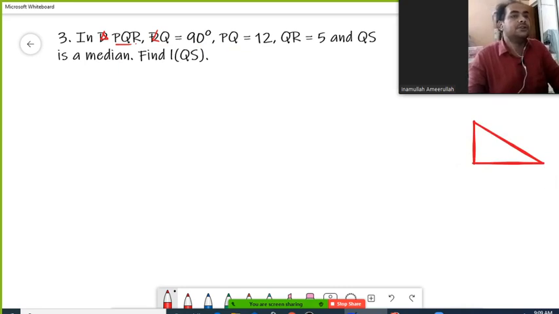We can change the orientation of its name, because PQ is greater than QR, and angle Q will remain here.